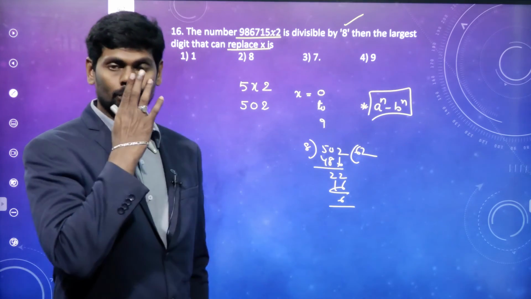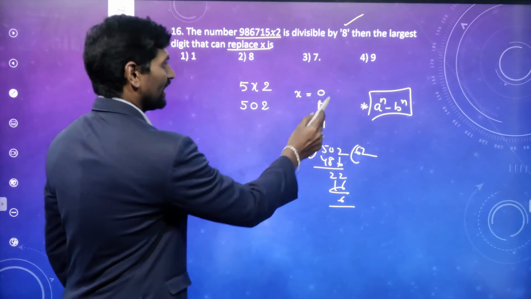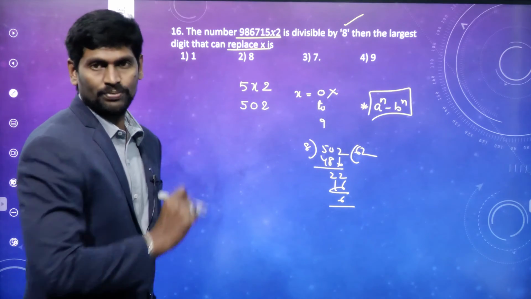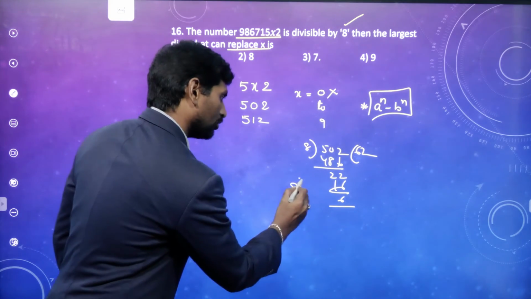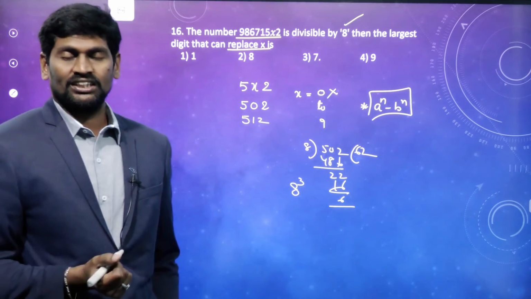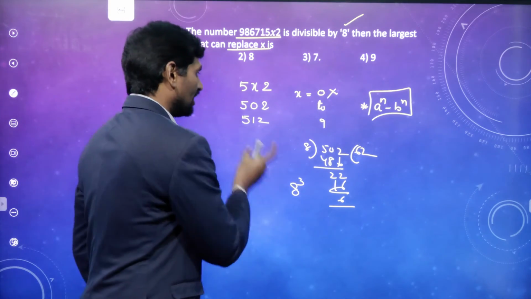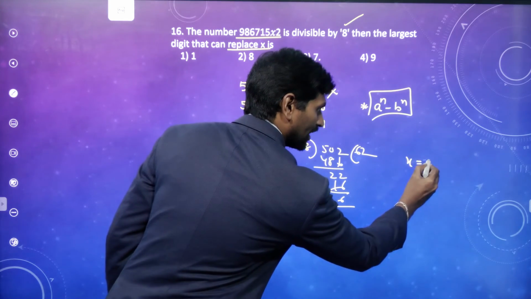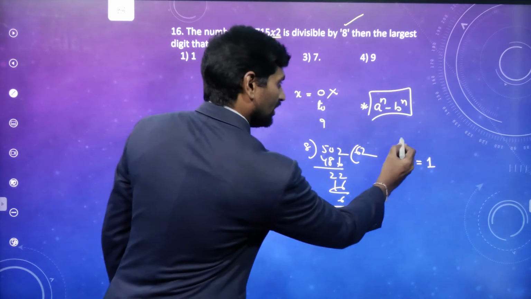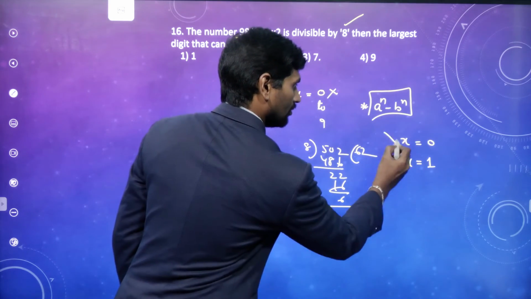It is not exactly divisible by 8. That means x cannot be 0. Let us check 1. 512 is nothing but 8 cube, 8 into 8 into 8. 8 8s are 64, 64 8s are 512. So x value can be 1. X value cannot be 0.